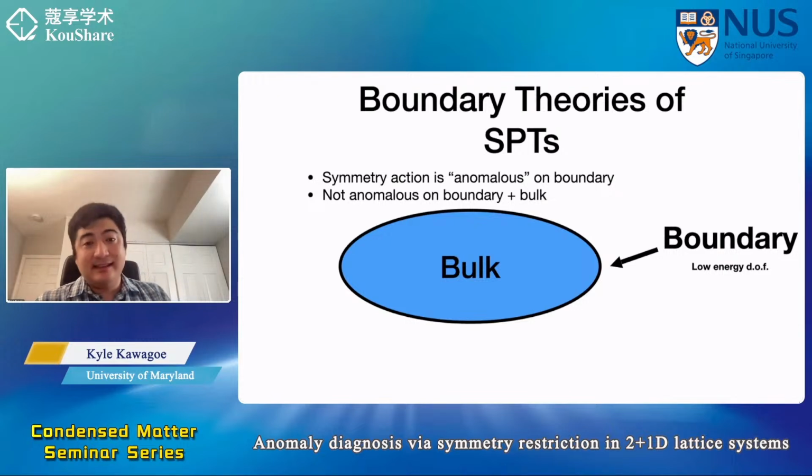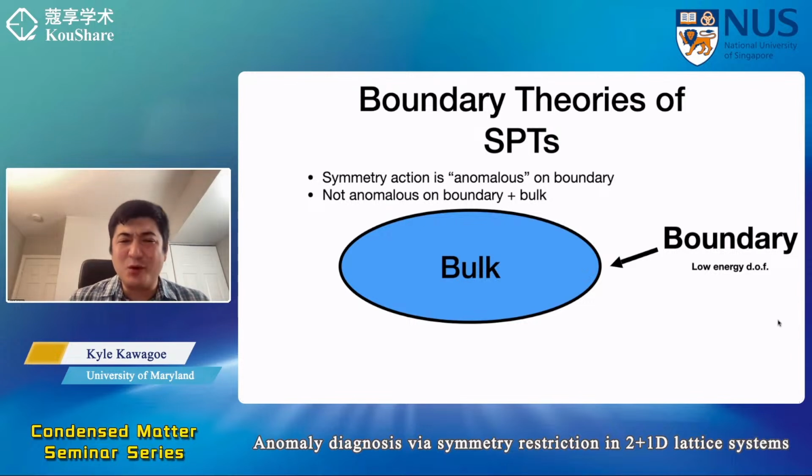Another way to say this is if you look at a 2+1D theory with an anomalous symmetry, you can find a 3+1D SPT to attach it to, so that on the boundary of that theory, in total, the symmetry is non-anomalous. This is called anomaly inflow, if you want the technical word for it.